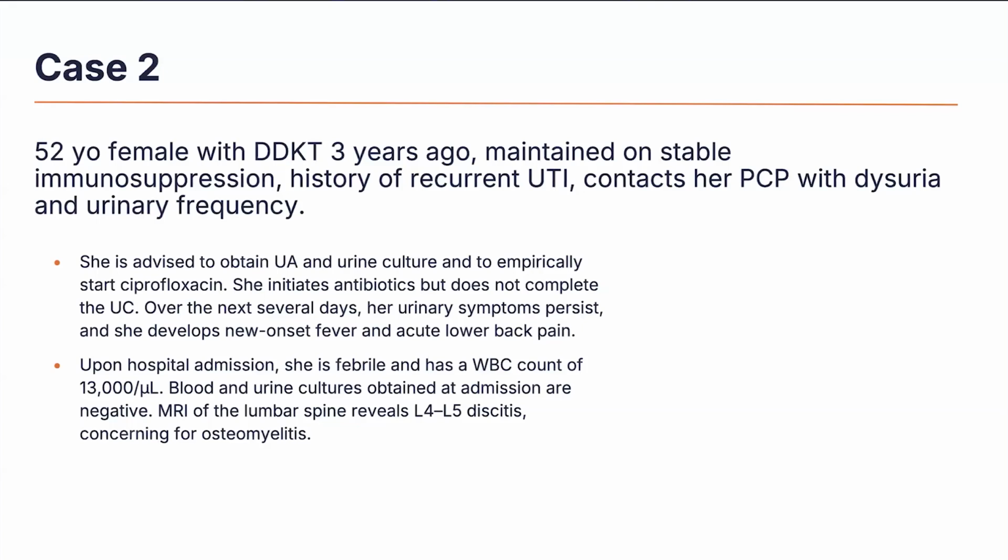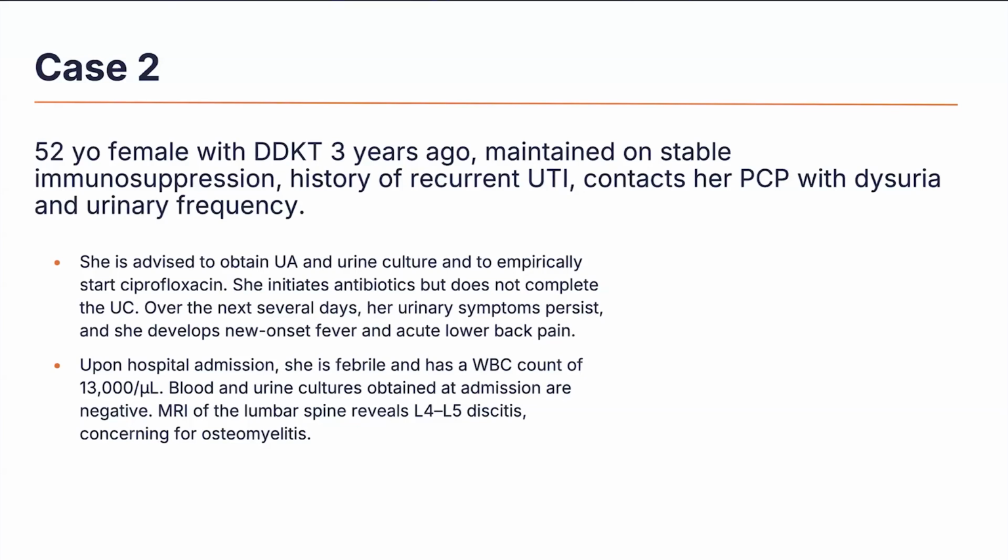Unfortunately, like many of our patients, she does not go to the lab and get the culture done, but starts the antibiotic anyway. Over the next few days, the symptoms of cystitis are a little bit better but not gone, and now she has developed a new acute back pain and ongoing low-grade fevers.